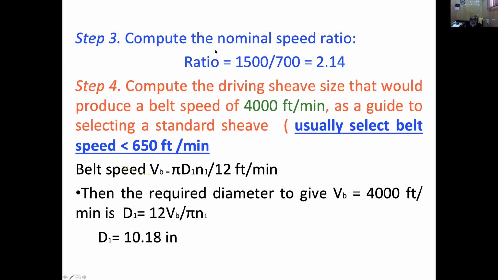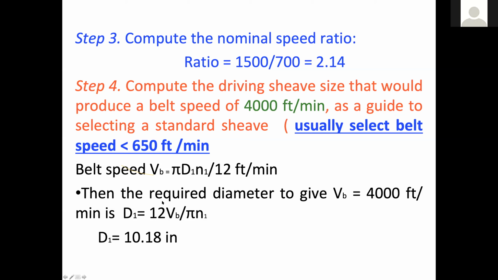Now this is actually the guideline, where the belt design will start. So I will select 400 feet per minute, and then I will use the belt speed equation, Vb is equal to pi d1 n1 by 12 feet. When I substitute Vb equal to 400 feet per minute, I will get d1 equal to 10.18.